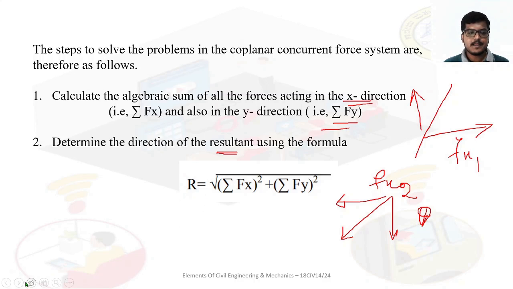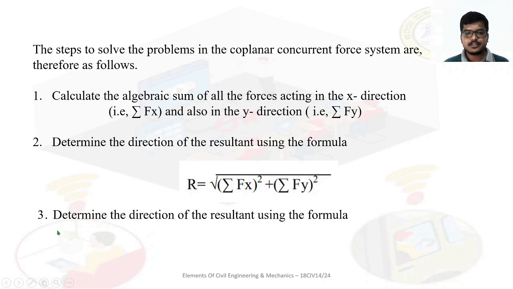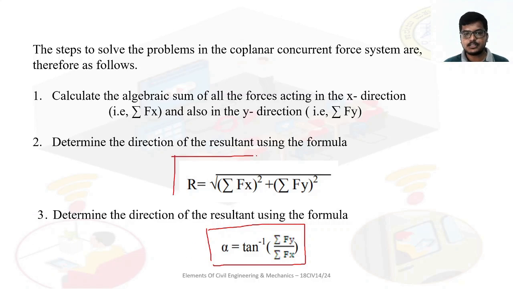R is equal to the square root of sigma Fx square plus sigma Fy square. Next, determine the direction of the resultant using the formula alpha is equal to tan inverse of sigma Fy by sigma Fx. So these are the formulas which we need to remember whenever we solve the resultant for a coplanar concurrent force system.